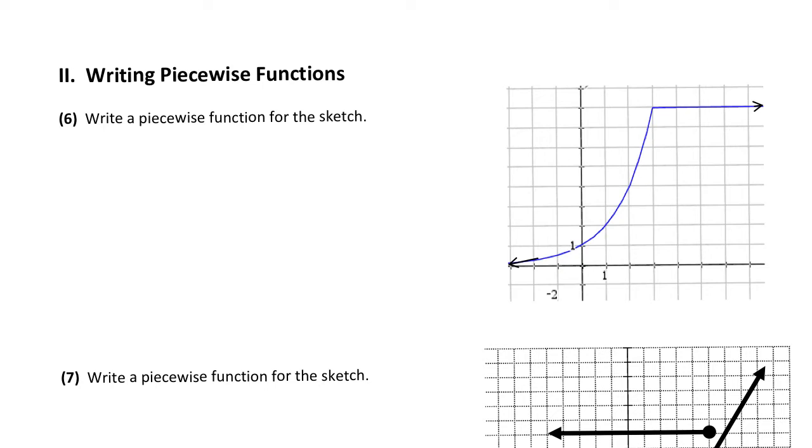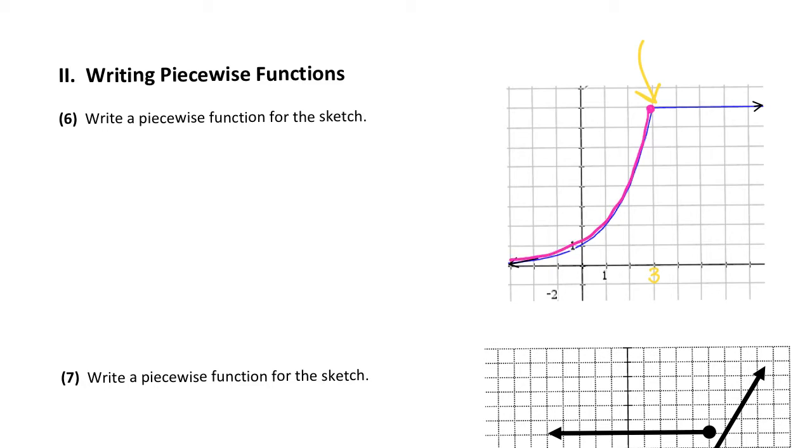The first thing we have to do is notice where the changes in the graph occur. So clearly right here is where there's going to be a change in the graph, and this is where x is equal to 3. Let's look at our first piece right here. I am going to highlight this in pink.